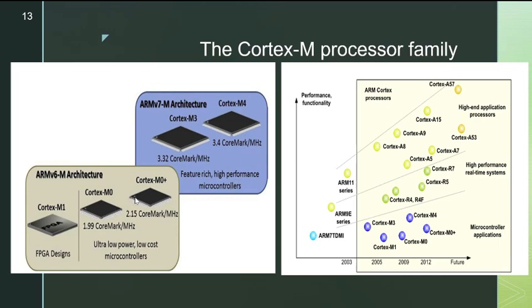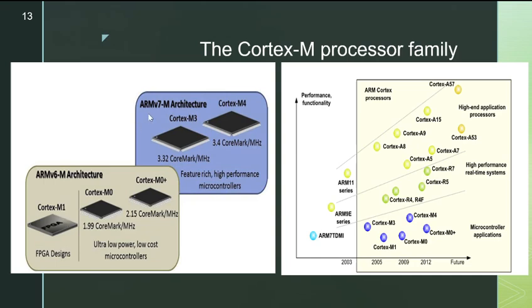In this slide, you can see the ARM v6-M architecture and ARM v7-M architecture and the core features. In ARM v6, we can have ultra low power, low cost microcontrollers for M0 and M0 Plus, whereas M1 is specifically designed for FPGA designs.